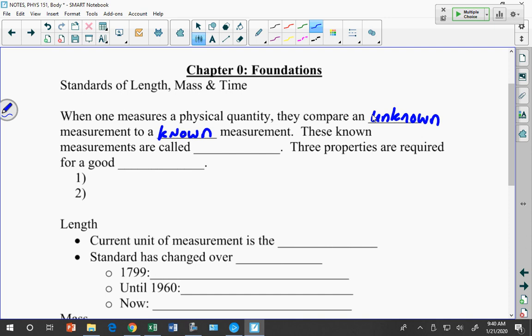Even if you step on a bathroom scale, you're comparing your unknown weight to, if it's a spring scale, you're compressing some spring, and that's calibrated to tell you what force is required to compress that spring. Or if it's one of those balance scales, it's doing some force calculations along the way. You're comparing an unknown quantity to a known quantity. So anytime you're making a measurement, you're comparing two quantities, one that's unknown and one that's known. And these known measurements are called standards.